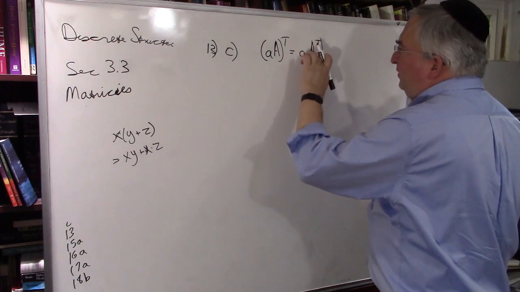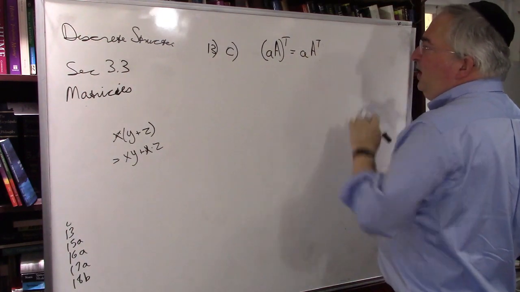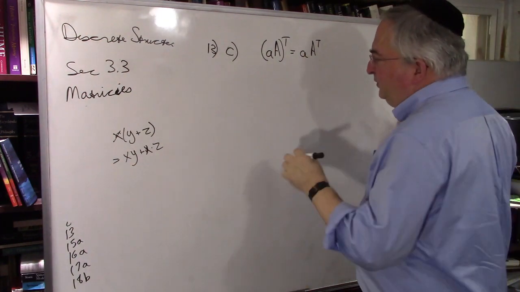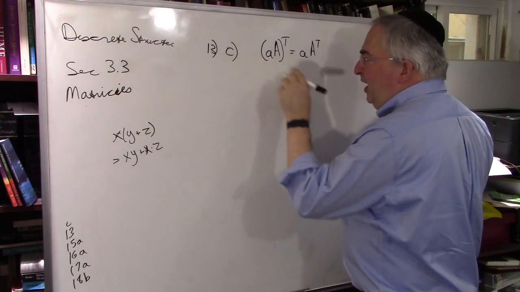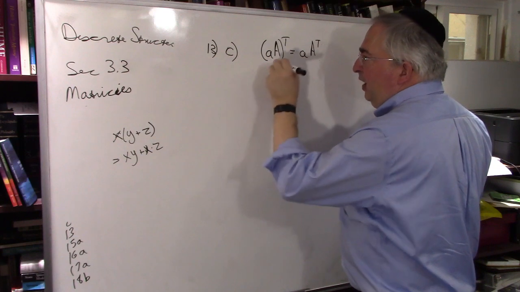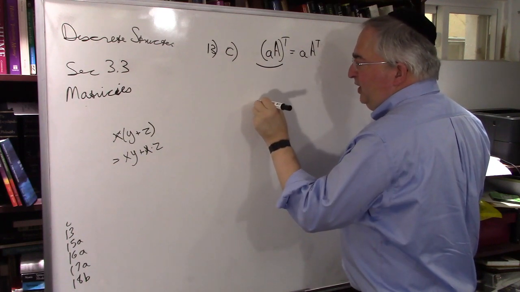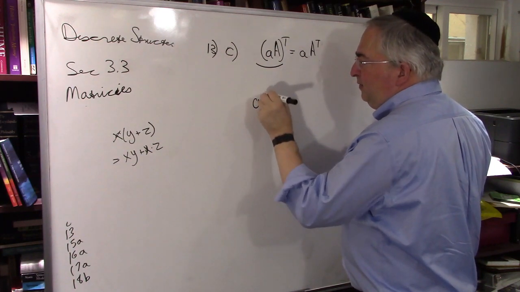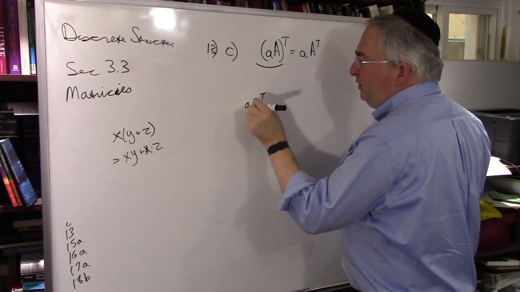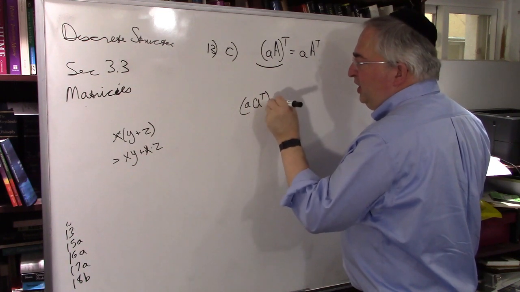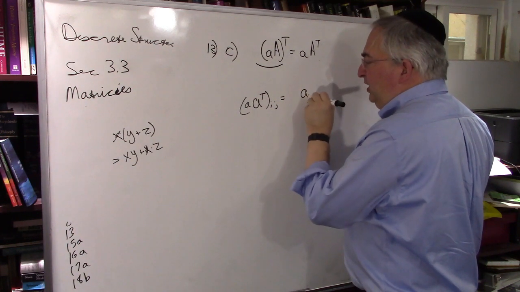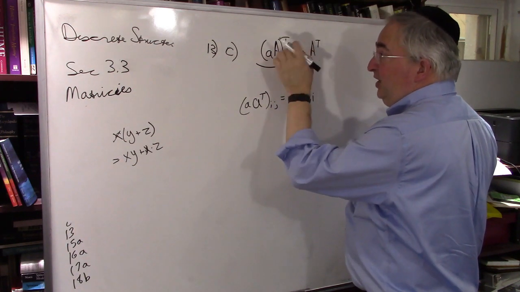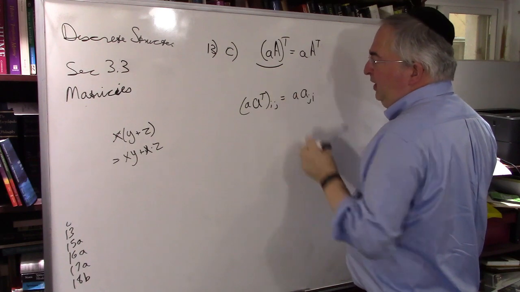In the book they don't have this, but it's because they have some. Okay, anyways, the point is as follows. What is this? Well, the ijth position of this matrix is what? A transpose with an a. The ijth position is equal to a_ji. That's the swapping multiplying by a.